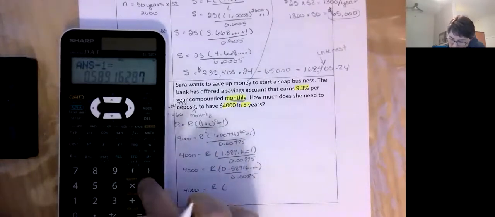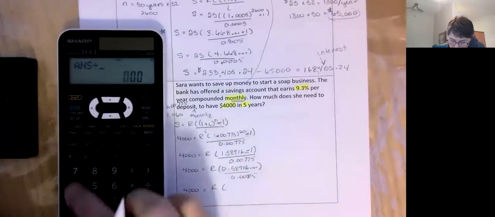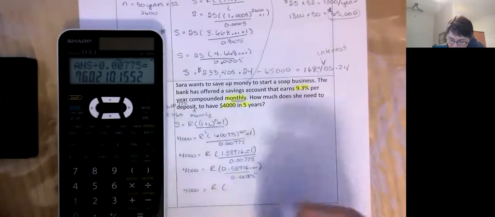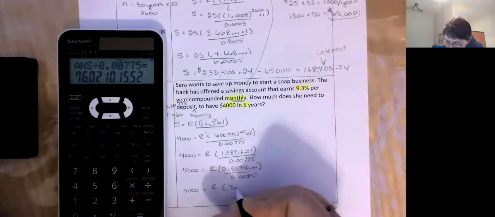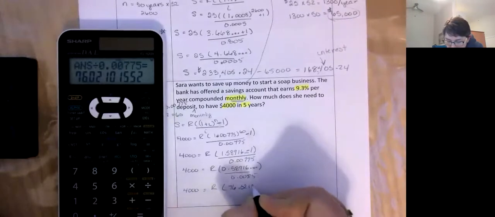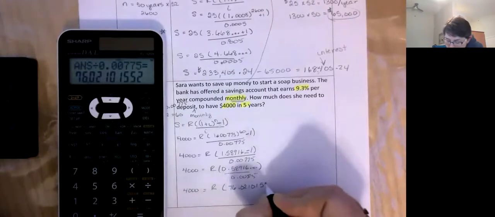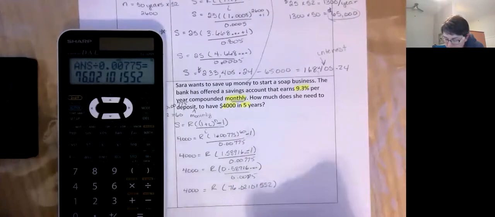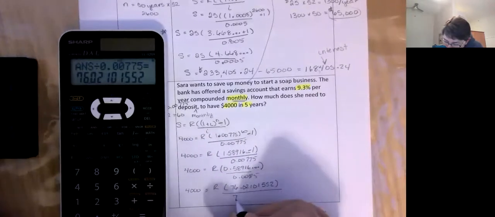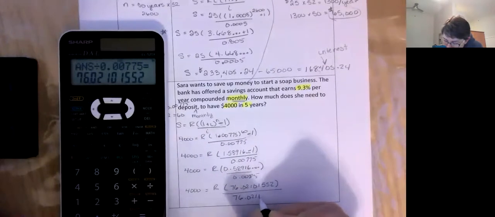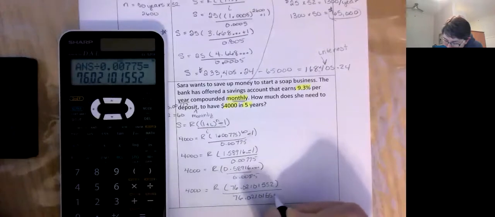Now I'm going to divide by 0.00775, and I'm going to get 76.02101552. Because I don't know where that key is on my calculator on this one, I'm just going to write out the whole number. 76.02101552.